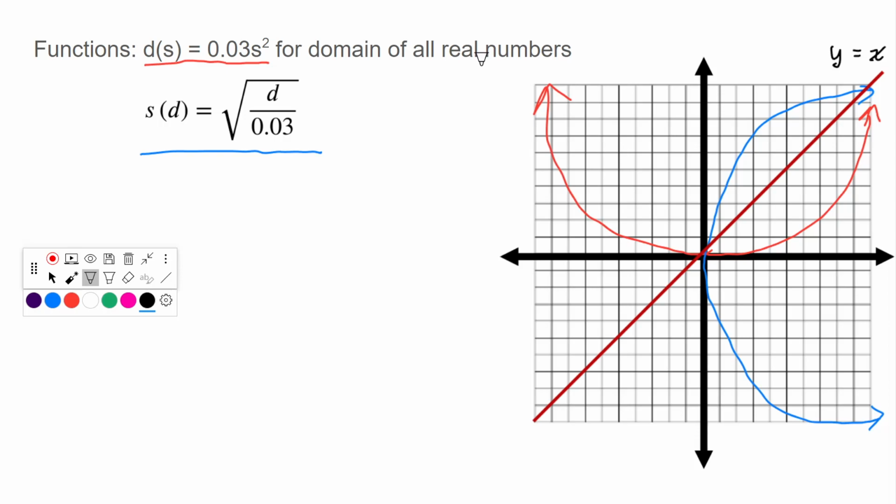In order for it to be invertible, our inverse would also have to be a function. So we would have to restrict the domain. I'm going to make a note here.